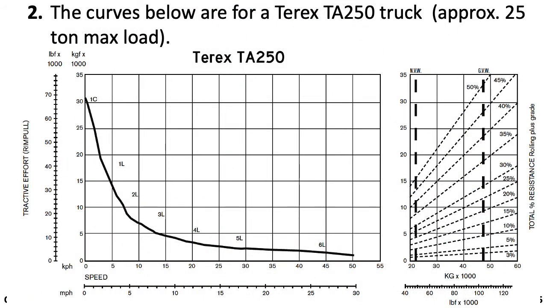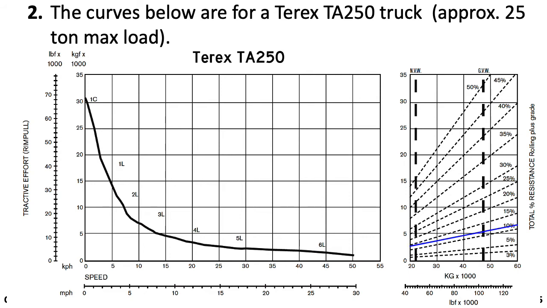So this performance chart has a different format than the previous one. This chart is for truck Terex T8250. In this chart, the weight and the resistance are in a separate diagram on the right side, where the weight axis is on the lower horizontal edge, and the process should be the same.